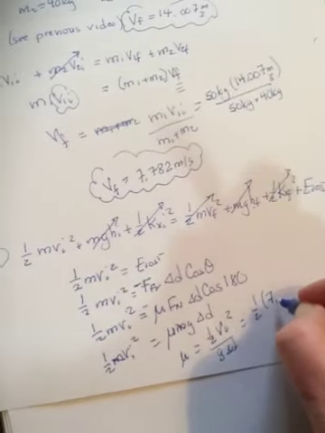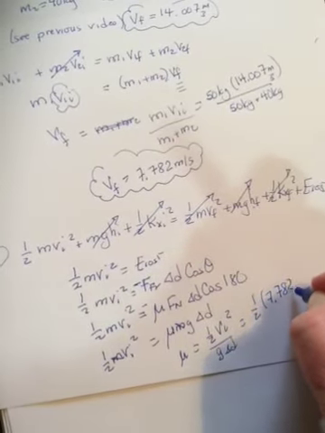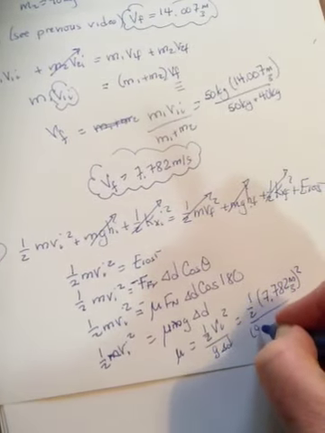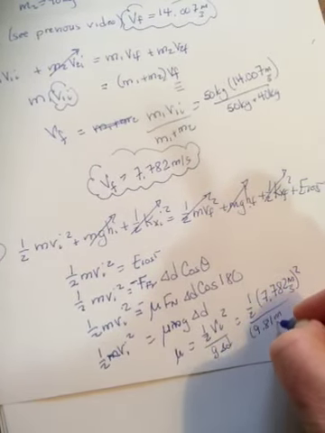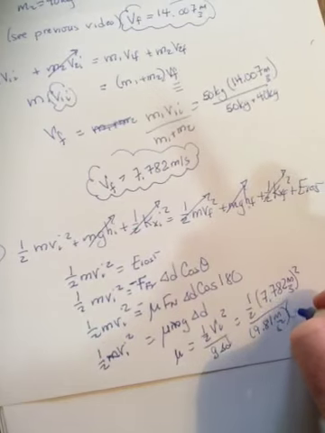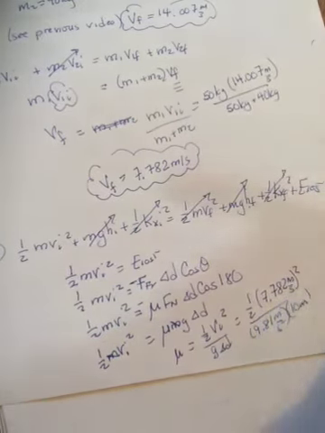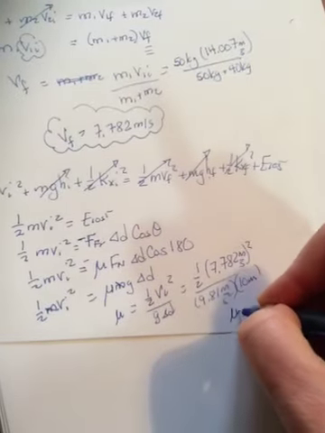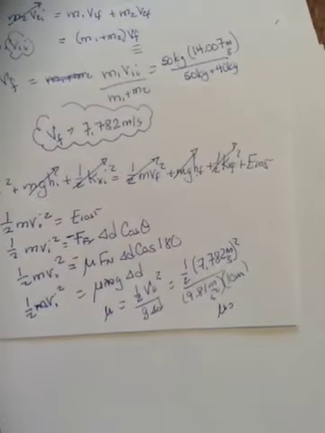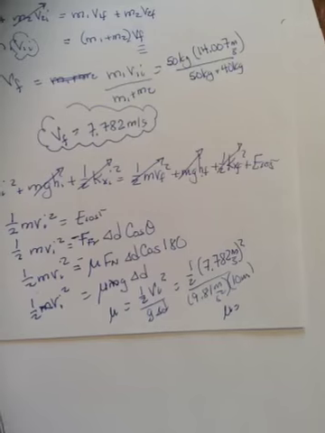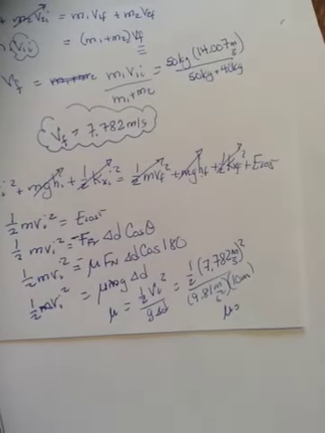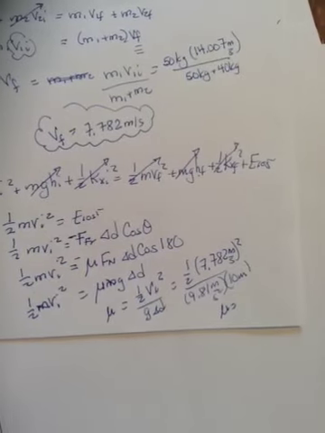So that's 1/2 times 7.782 meters per second, squared, over 9.81 meters per second squared times delta d. I think I said 10 meters. May as well let them go for a good ride, right? So square 7.782, times 0.5, divided by 98.1. I can't do that in my head.